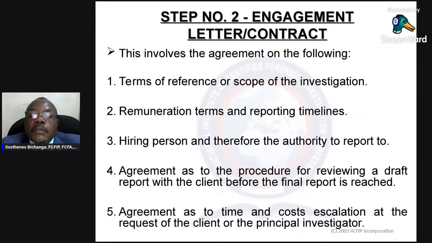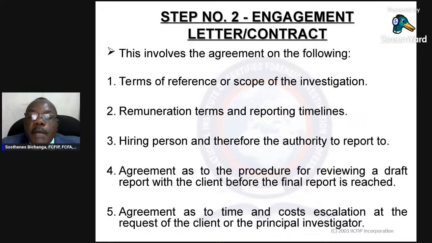We know the estimate of the number of general investigative staff to use. We know how far we will be required to travel. We understand all these things from the pre-engagement investigation.